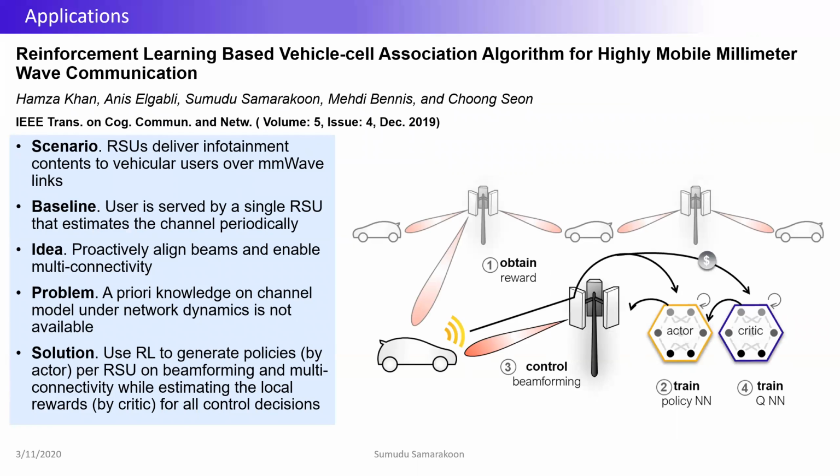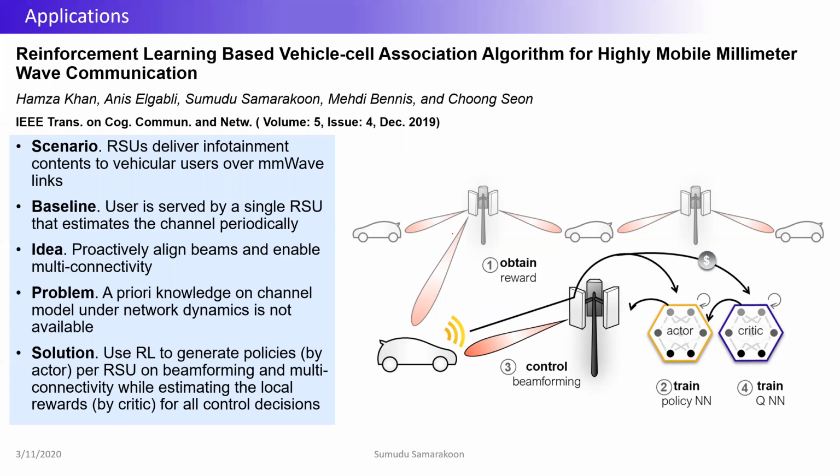The next example is one of work we have done in millimeter wave communication of vehicular networks. Here the scenario is that roadside units deliver infotainment content, so they have information as well as video data for vehicle users using millimeter waves.